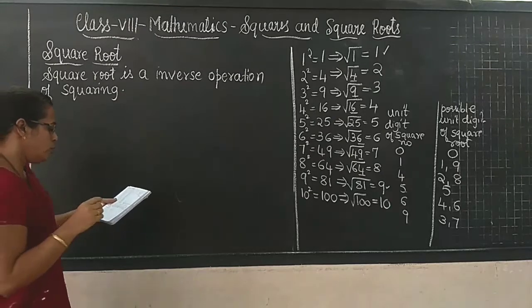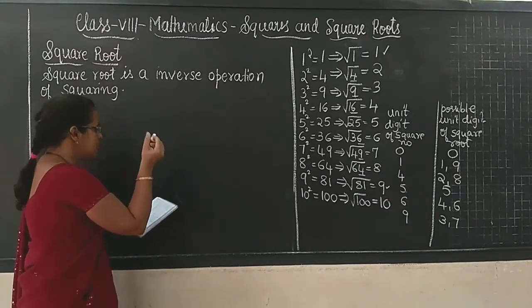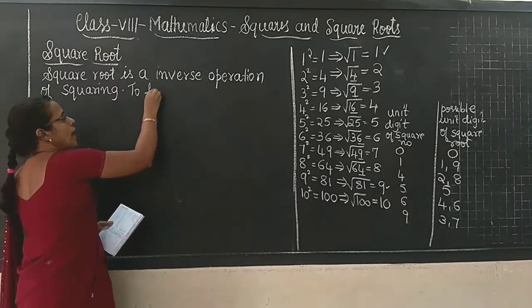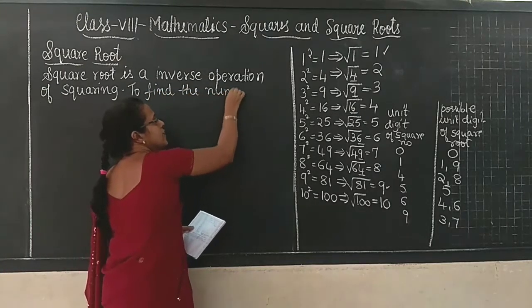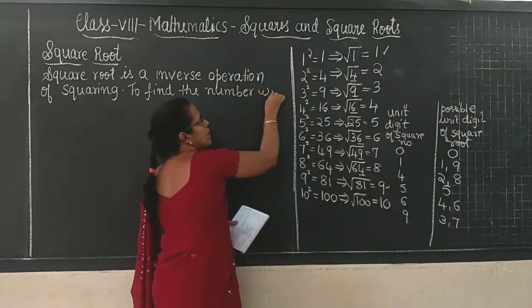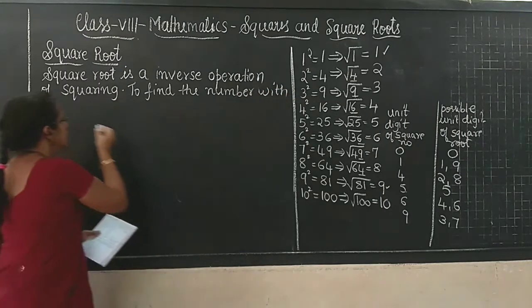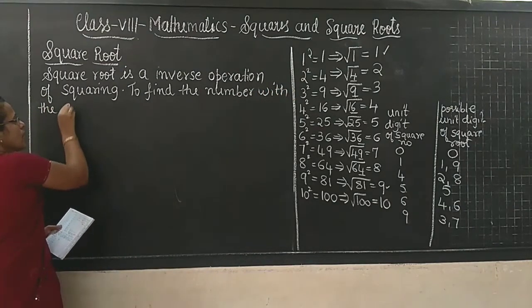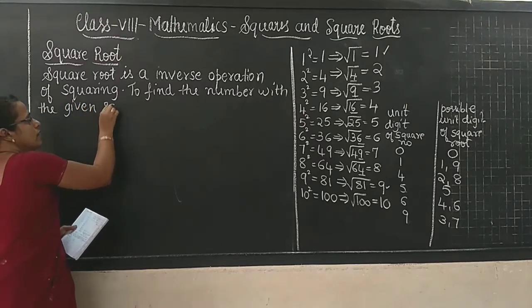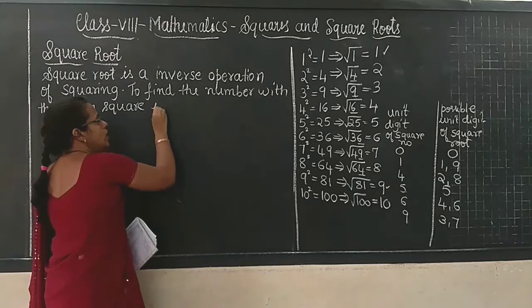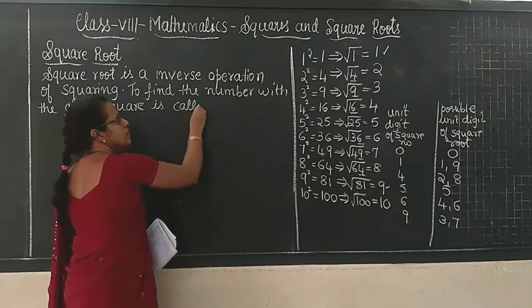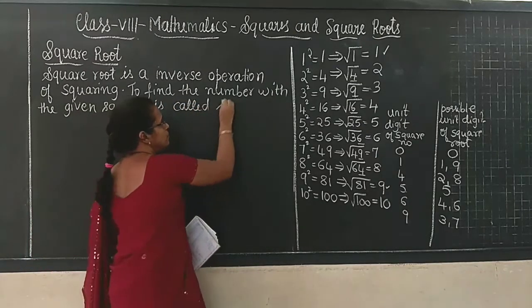Okay, so then to find the number with the given square, the number with the given square, and the number with the given square is called square root.